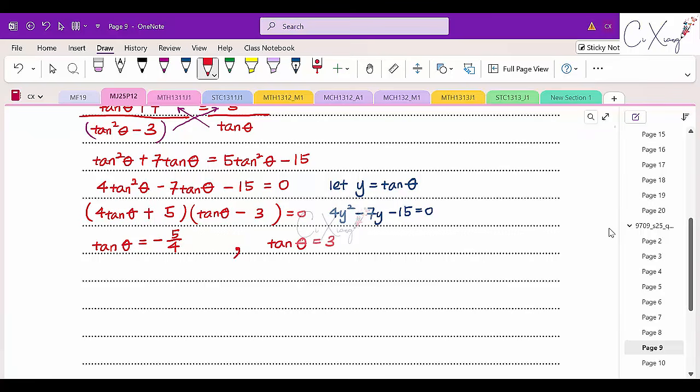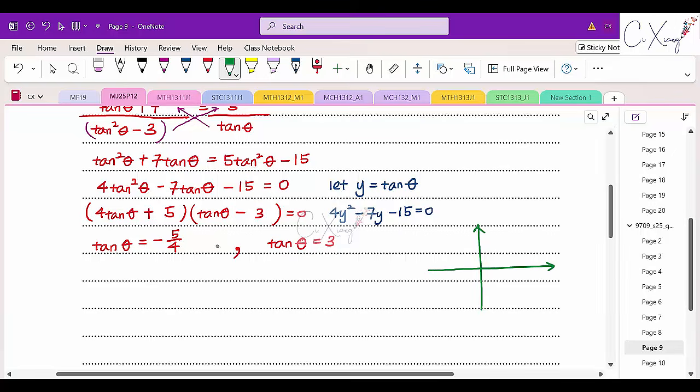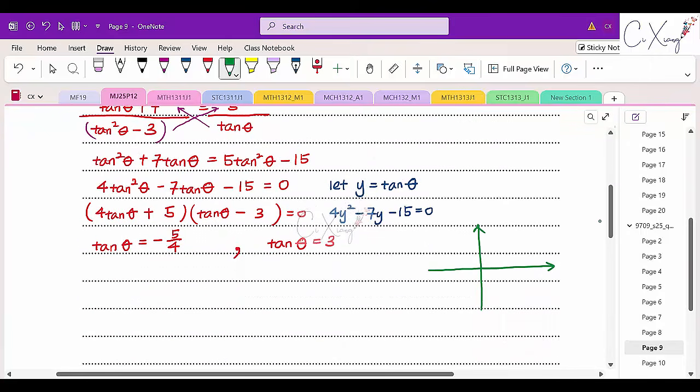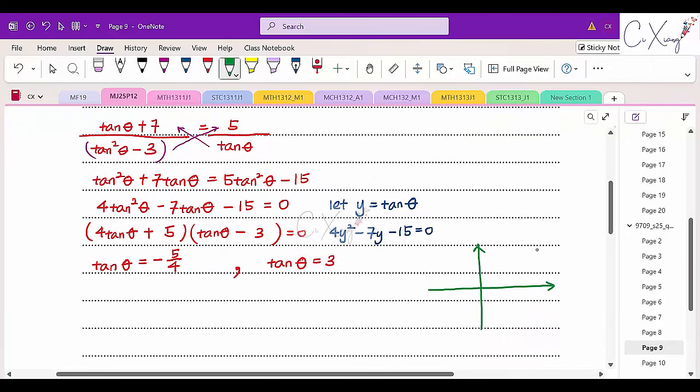Alright, then now we are going to solve the equation to solve for the value of theta. There are many ways for you to get the value for theta. Basically, for me, I always refer to the quadrants. For this question, they did mention that your theta should be from 0 to 180. So let's have a look. 0 and 180 means the first two quadrants on top, right?